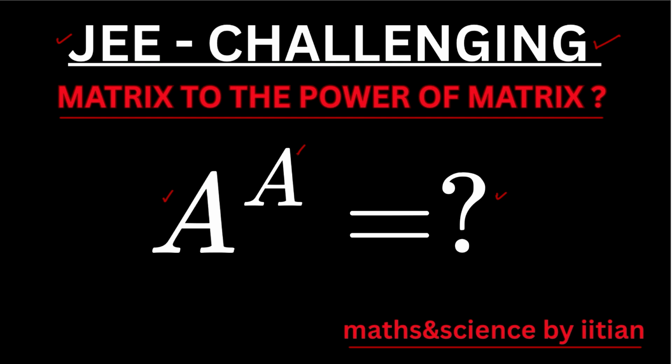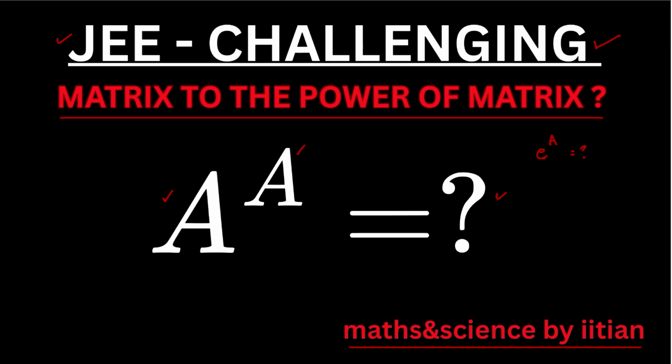You might have already seen in my earlier lectures e to the power of A. The value of e you know, the base of the natural logarithm, e is equal to 2.718. e to the power of A is equal to how much? This we have already seen in my previous lecture. Please refer to that lecture for understanding this lecture.